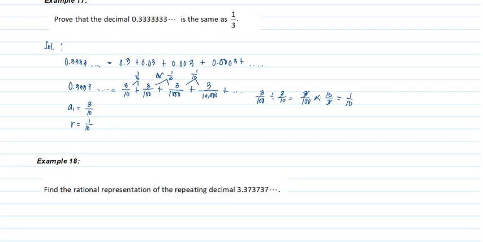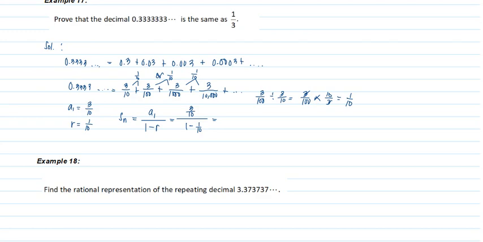Then, as you can see, we could now use these values in our formula for infinite geometric series. Our formula for geometric series is just S sub n is equal to a sub 1 divided by 1 minus r. As you can see, we just need a sub 1 and our r. So, it would now be equal to a sub 1, which is 3 over 10, divided by 1 minus 1 over 10.